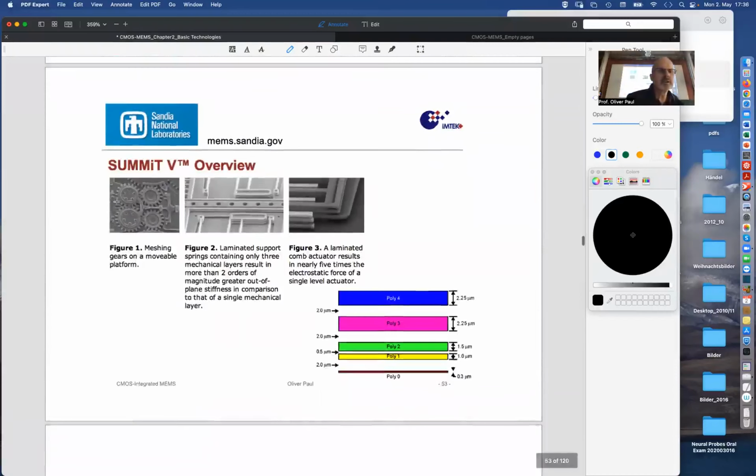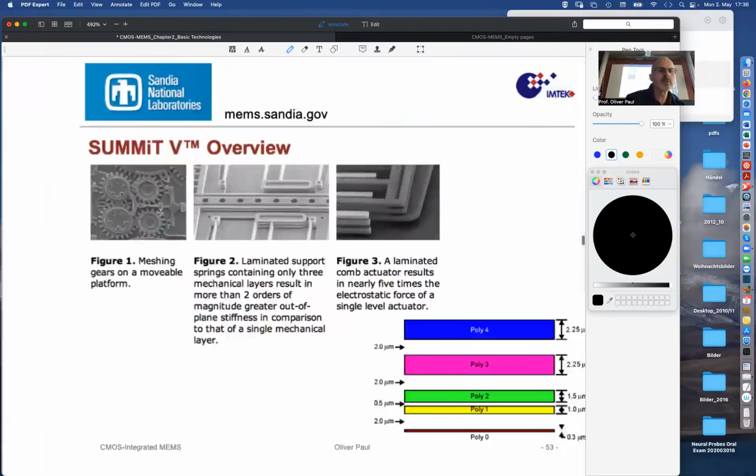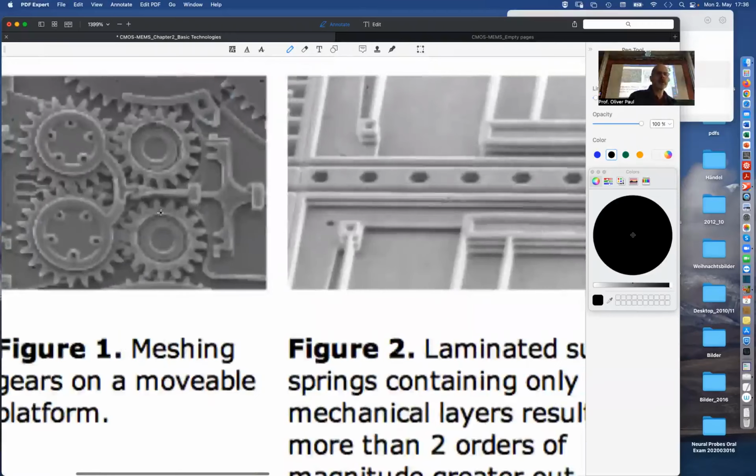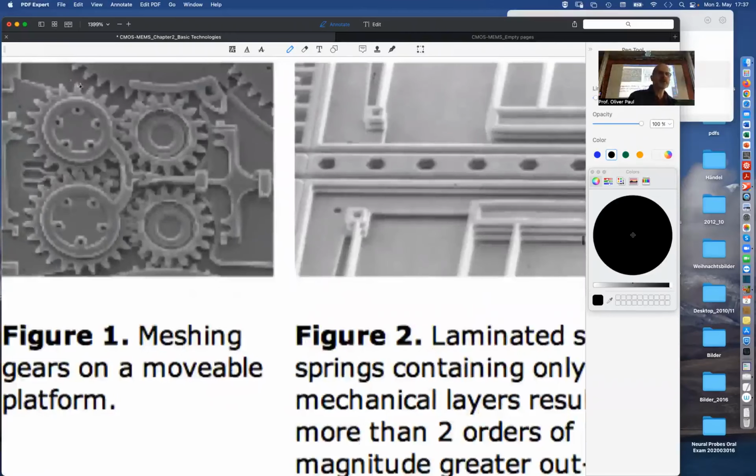So you see here some gears, some interesting mechanical structures that have some dented wheels that move around, that can be pushed into rotation by some electrostatically driven structure to translate this linear motion into circular motion, or vice versa.